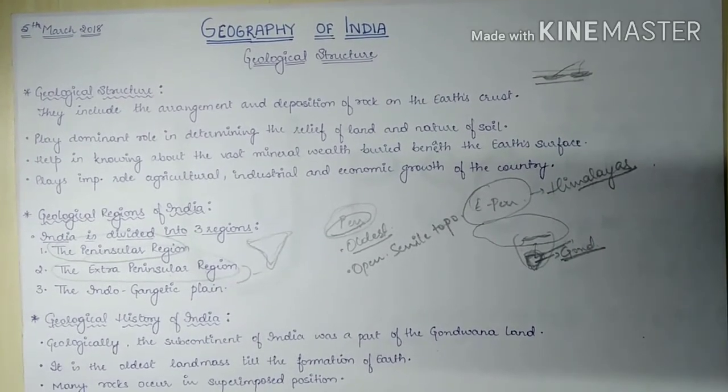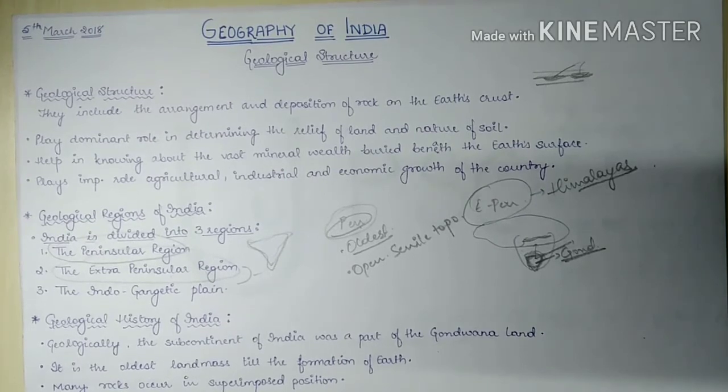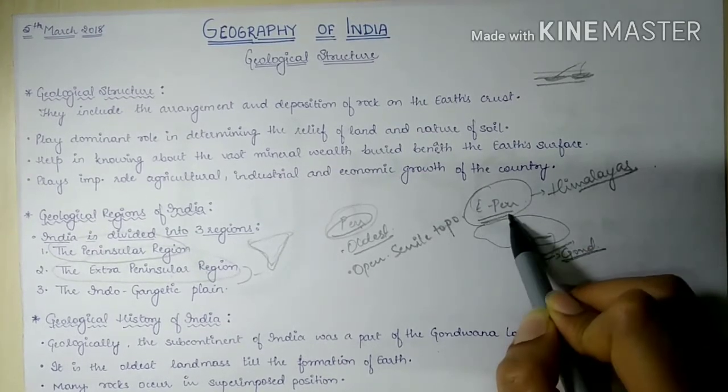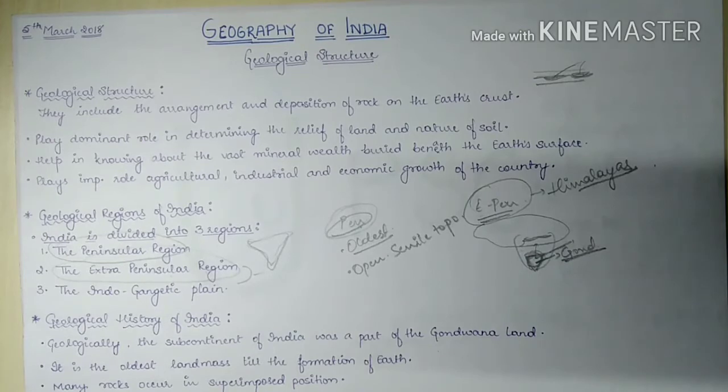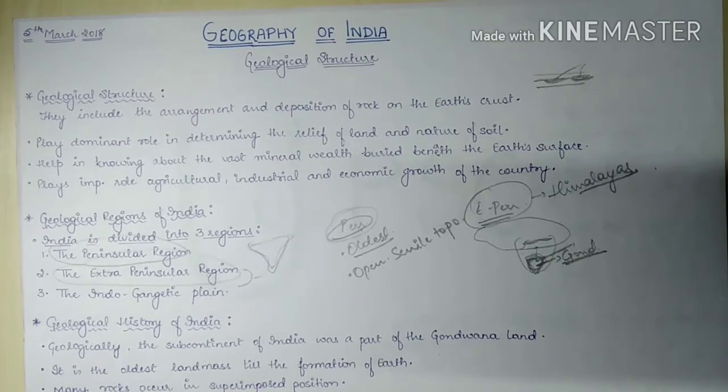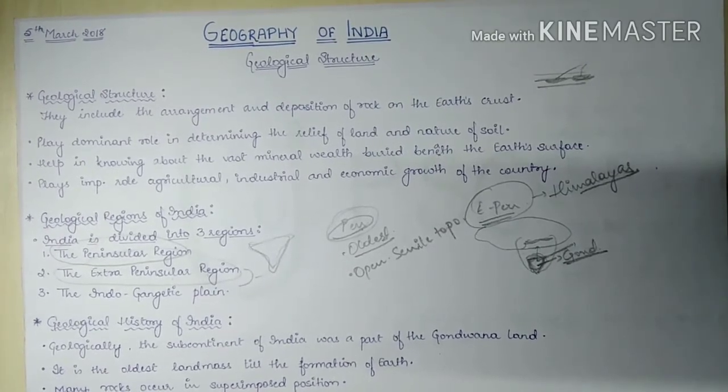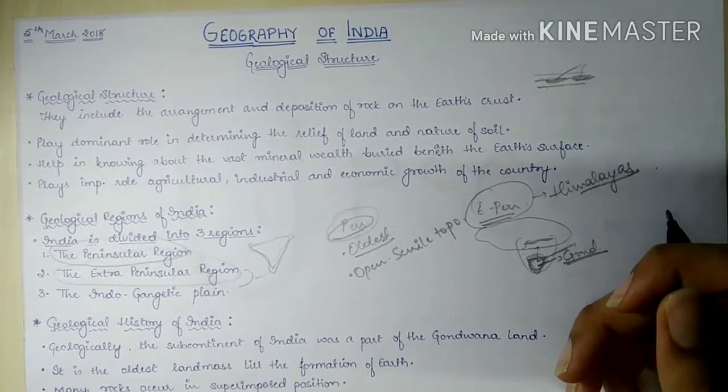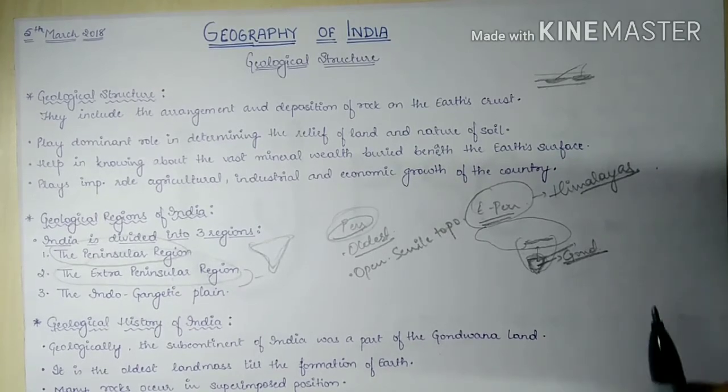And the Indo-Gangetic plain, which is included in the extra peninsular region, comprises alluvial filling. This plain has freshly deposited alluvium, and it is a featureless, flat and monotonous topography.